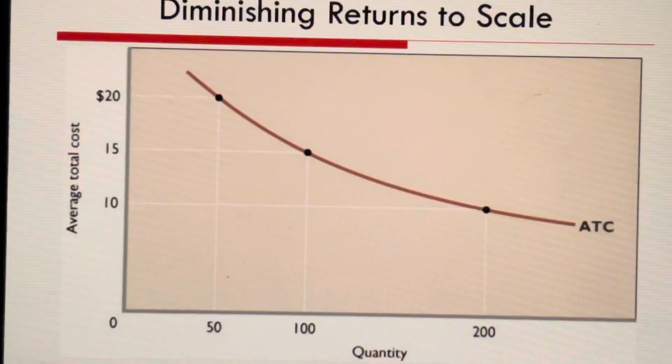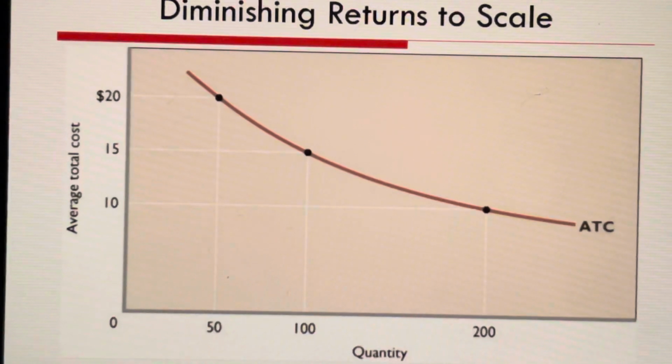You can see the slope: when the total cost was $20, the quantity provided by the monopolist market is 50.